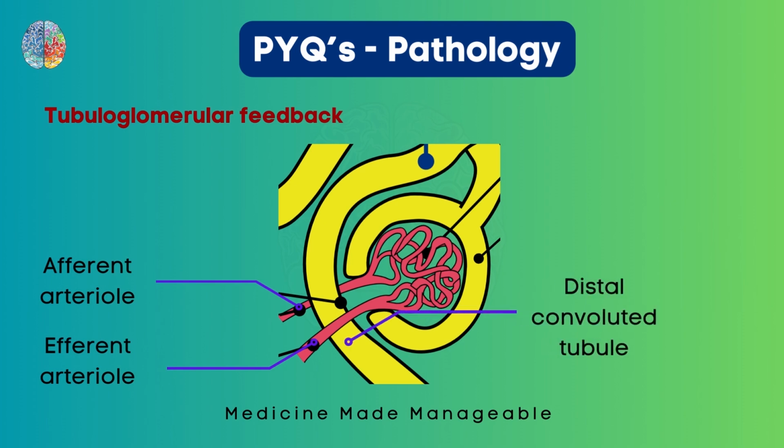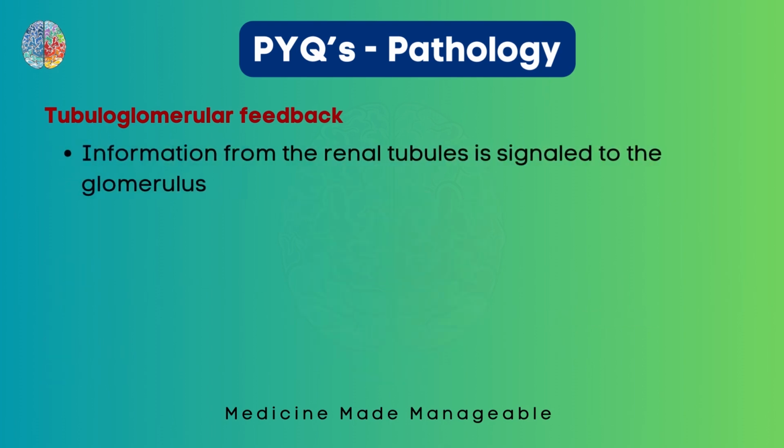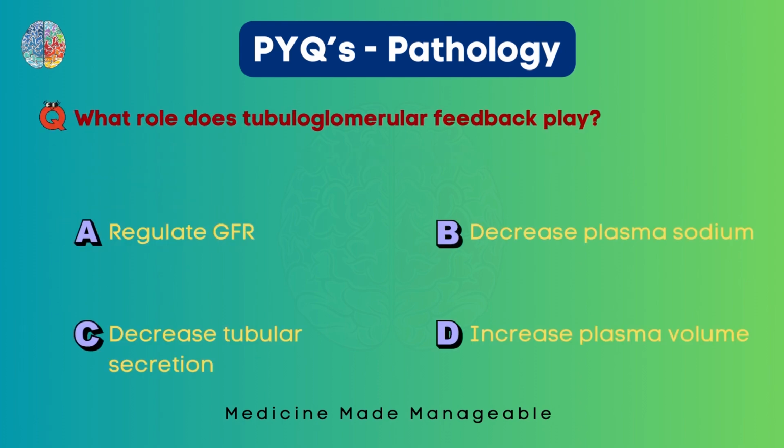Finally, you have the distal convoluted tubule. So this feedback is between the distal convoluted tubule and the afferent and efferent arterioles. So the information from the renal tubules, which is the DCT, is signaled to the glomerulus. This regulates the GFR. So coming back to our question, our correct answer is A.